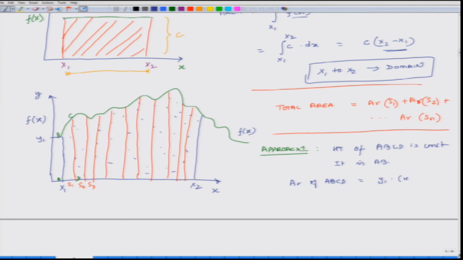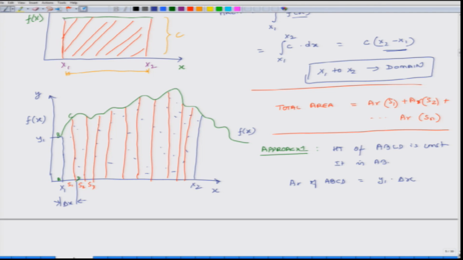So let us say this distance is delta x, then y1 times delta x. If the height of this ABCD is constant, height means the distance in the y direction, then it will be y1 times delta x.